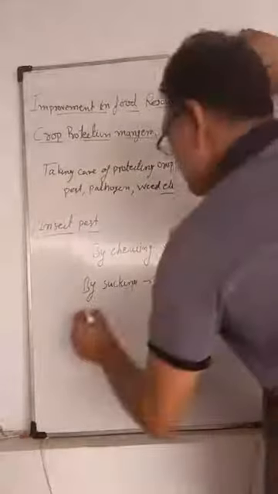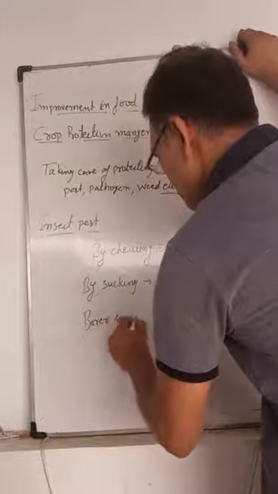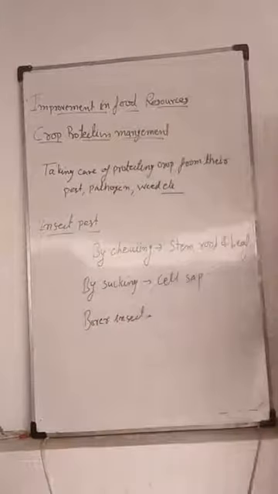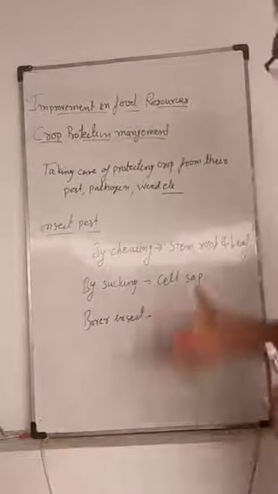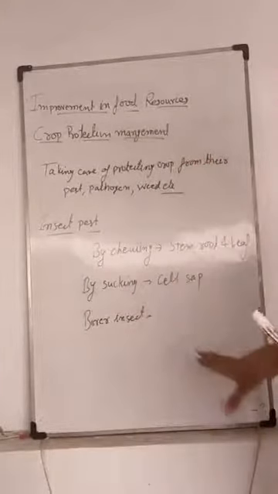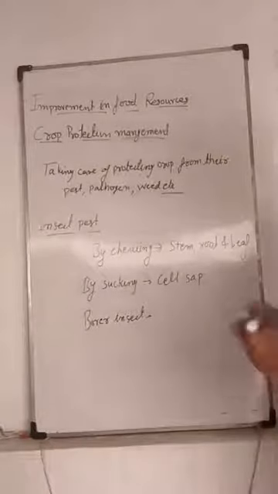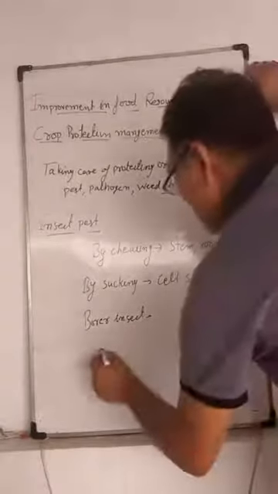Borer insects bore into the stem, root, fruits and seeds, and also decrease production. So these insect pests are also controlled with the help of pesticides.